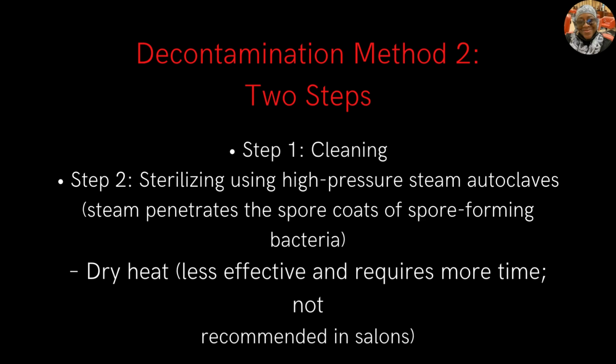The only thing that's going to kill that is high temperature steam. A dry heat is less effective and requires more time, so we prefer a high temperature steam. A dry heat is not as effective as a high temperature sterilization system.